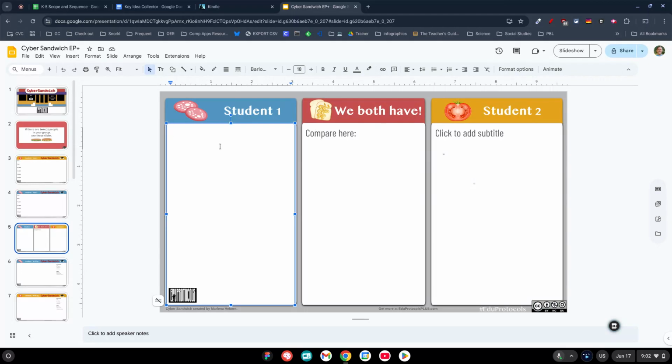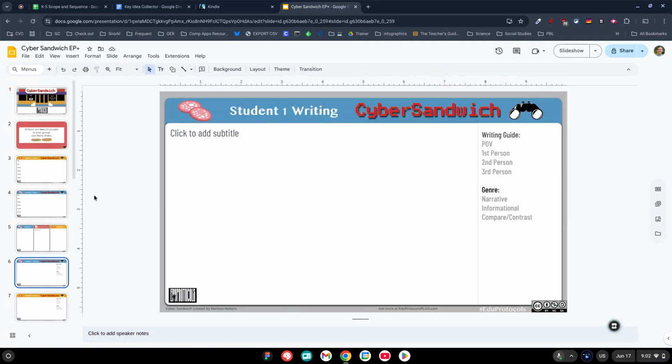What are some things that are specific to my 19th century news? We're going to write that down. What are some things that are specific to modern day news? We're going to write that down. What are some things that are in common with both? We're going to write that down. Then each student is going to take their notes and do a summary paragraph.